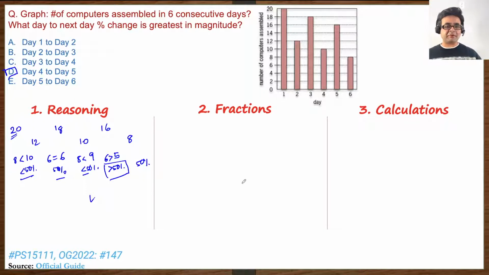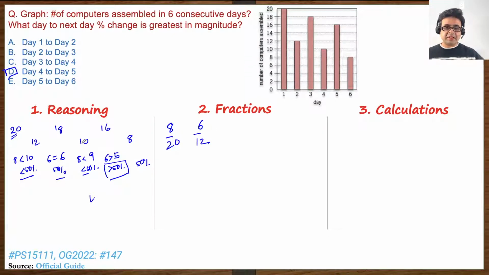The next approach is the fractions approach, and here I'm just going to calculate the fraction: the change divided by the initial year or the previous day. So for the first day to day 2, my change is 8 divided by 20. For 12 to 18, my change is 6 divided by 12.